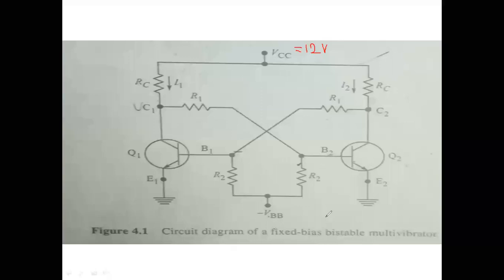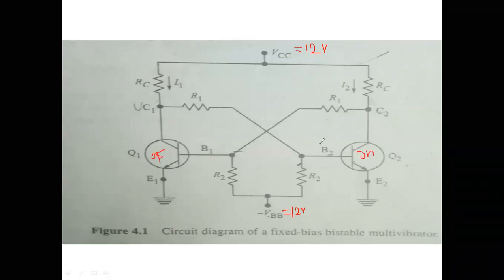In the exam, you have to draw the circuit diagram and then start solving the problem. For a multivibrator, you must first draw the circuit diagram. We can assume that one transistor is on and another transistor is off. Let us assume this may be our off transistor and this may be our on transistor. You can take any one, one is on and one is off.